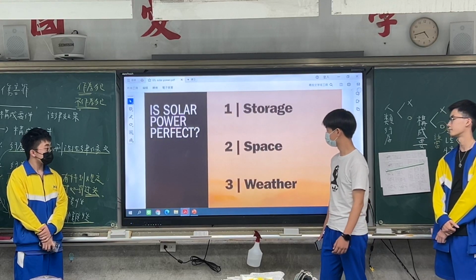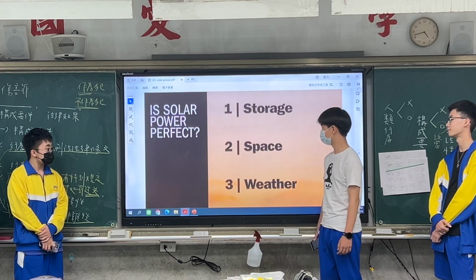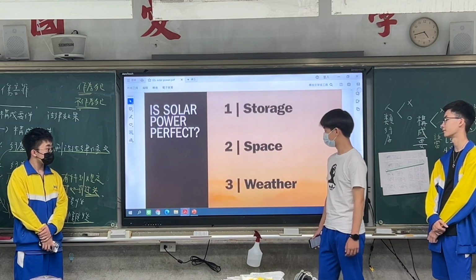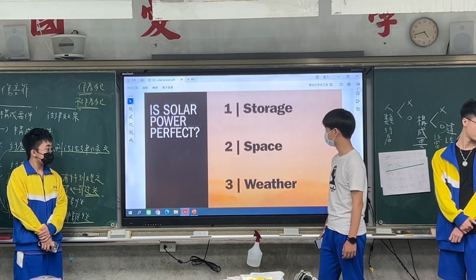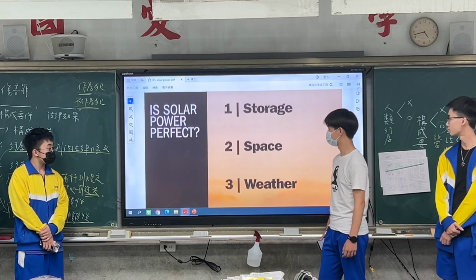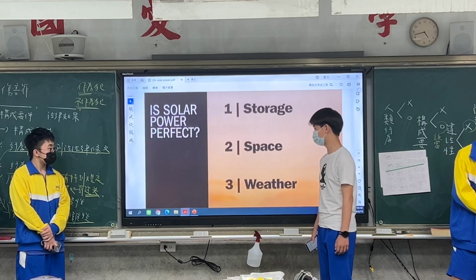Third, although the solar energy can be collected during rainy and cloudy days, the efficiency of the solar system drops.